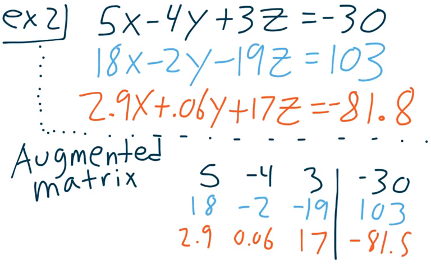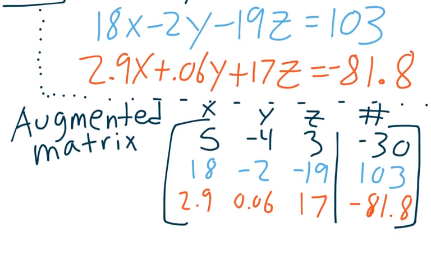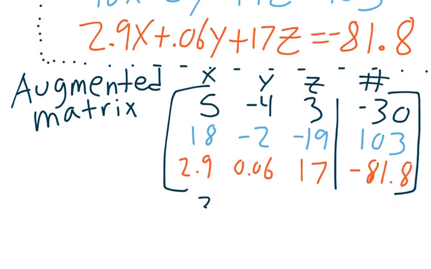So all I did here when I made this matrix was just sort it out by x's, by y's, by z's, and then your constant numbers on the other side of the equation. So that's what you've got to do. You change the system into a matrix that looks like this. So here, there's three equations, so I have a 3 by 4 augmented matrix.